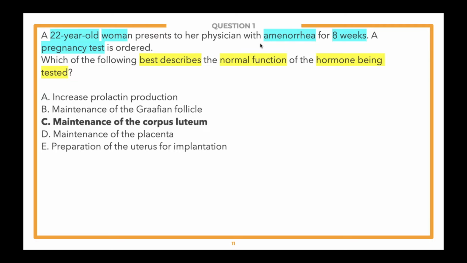It is the hormone that is essential for maintaining that early pregnancy and what is measured to detect pregnancy. Okay? So it is detectable in blood 1 week after conception and in urine 2 weeks after conception.